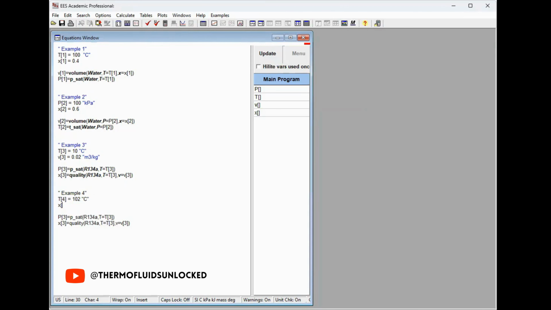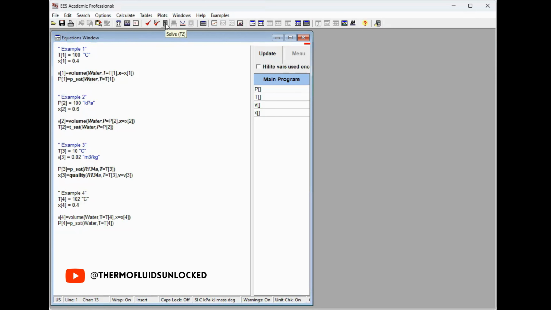So I'm just going to delete this and type X4 equals 0.4. The material is water, and they have asked for P and V. So I'm just going to copy these equations that I have up there and just name it V4, P4, and then just change the numbers, basically.